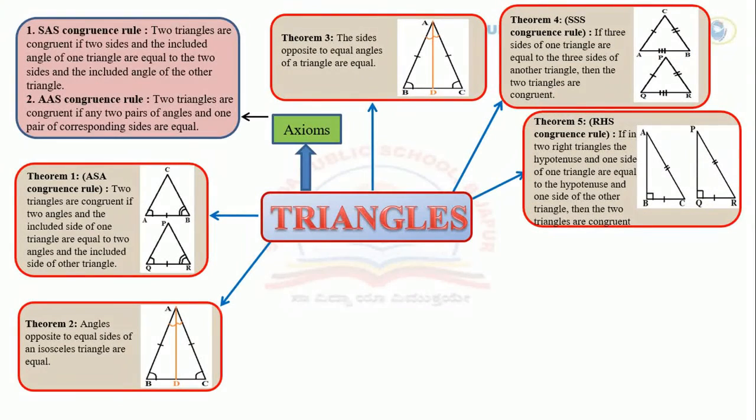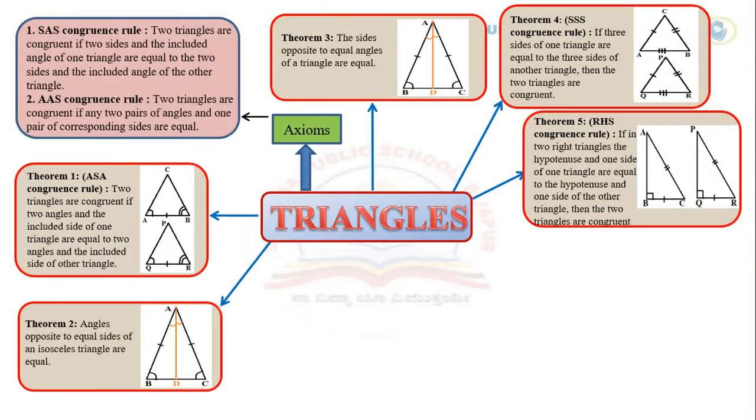Theorem 5, RHS congruency rule. This is applicable only for the right angle triangles. It states, if in two right angle triangles, the hypotenuse and one side of one triangle are equal to the hypotenuse and one side of the other triangle, then both the triangles are congruent.